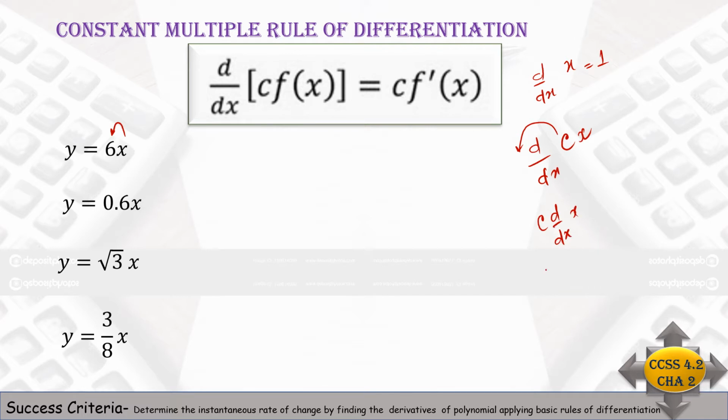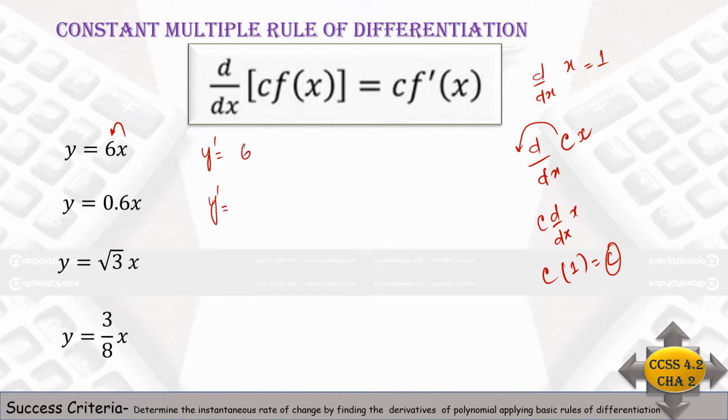So c stays as it is and the derivative of x is 1. So the derivative of cx is c. Whenever any number is multiplying with x, the derivative is that number, because the derivative of x is 1. So the derivative of 6x is 6.